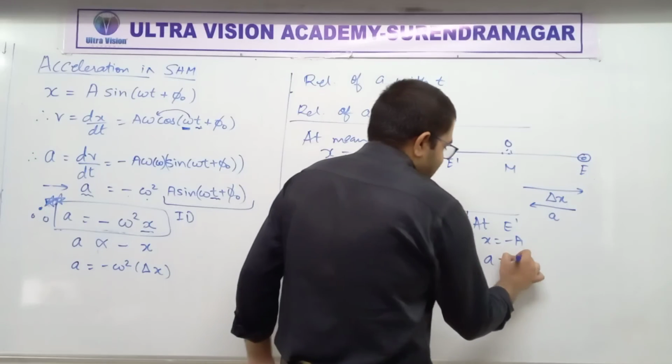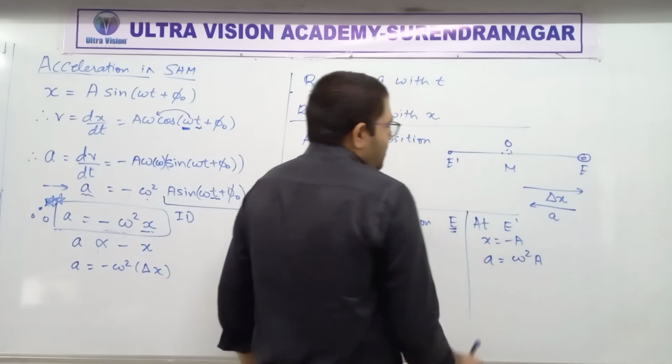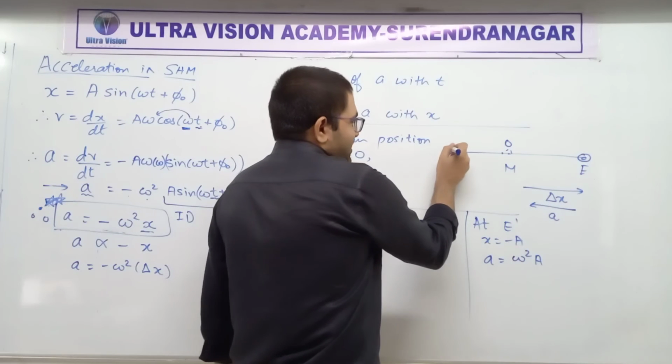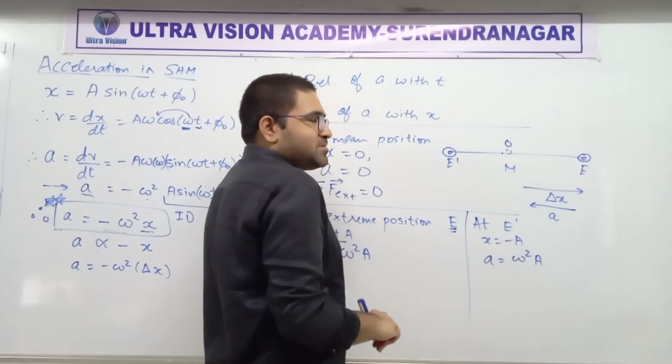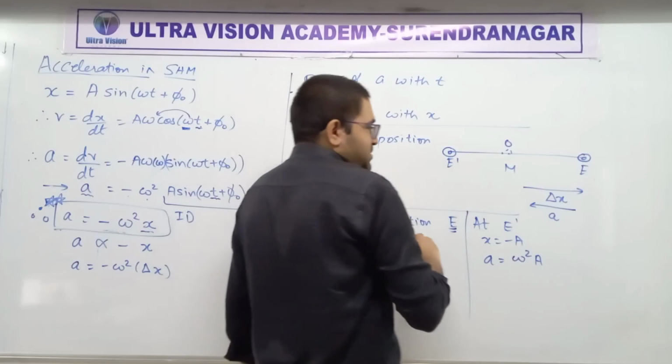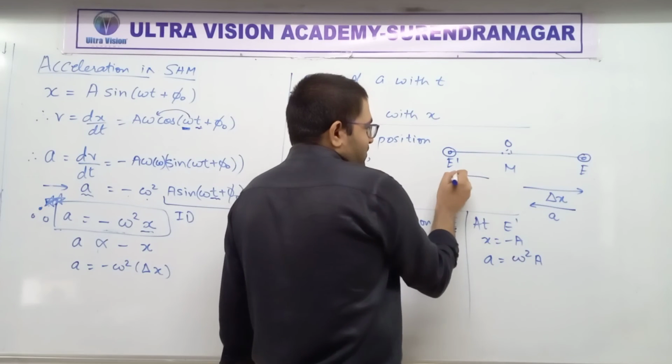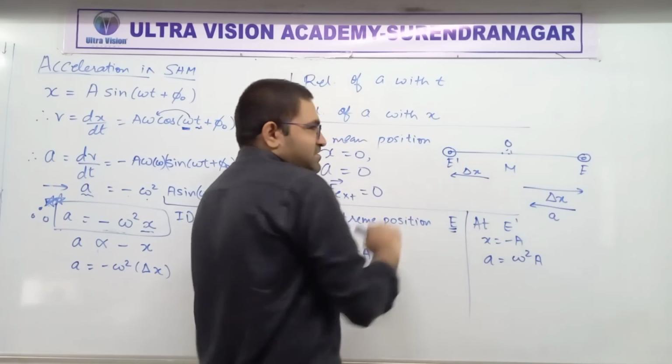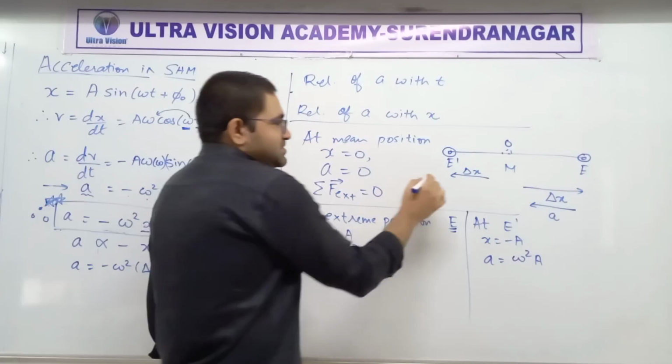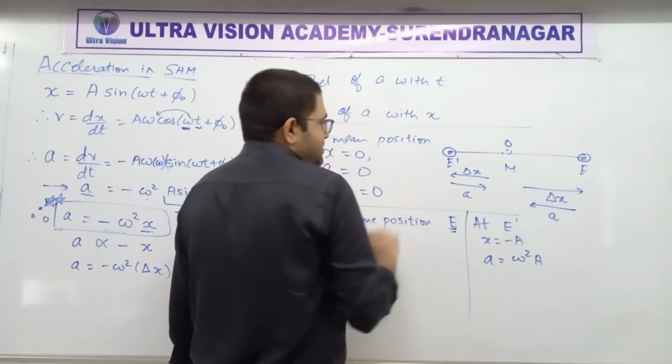Omega square a. So why so? Again, if the particle is here at E dash, then the displacement from mean position is towards the left side, and that means the acceleration will be towards the right side.